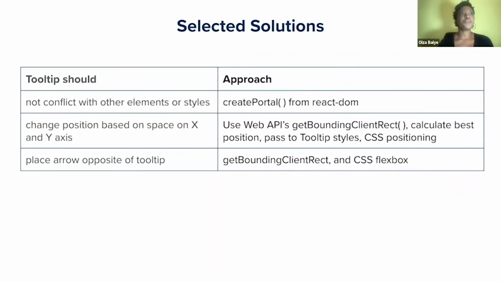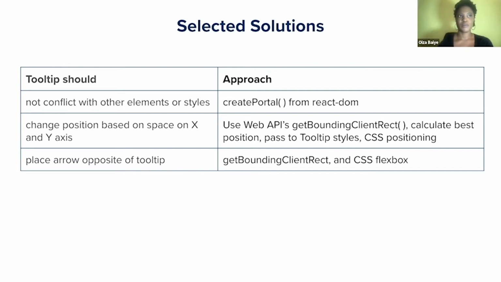So I'm going to focus on just 3 of the solutions to the requirements I showed earlier. First, to prevent the tooltip from conflicting with other elements on the page, we use create portal from React DOM. So React Portal is a way to append an element to the document outside of its parent's hierarchy. And this can be very useful if you're worrying about styles like overflow hidden or fixed positioning affecting the child because they're on the parent.